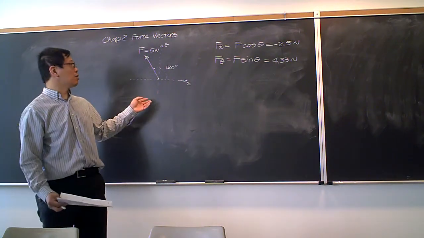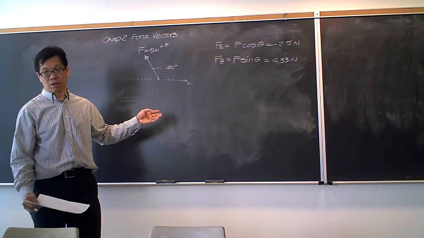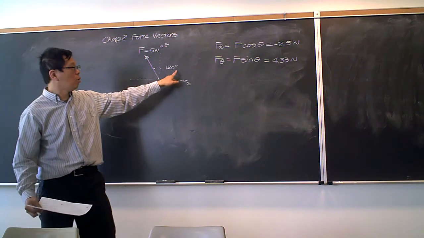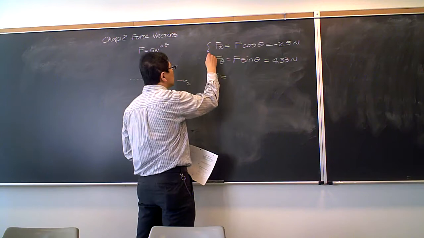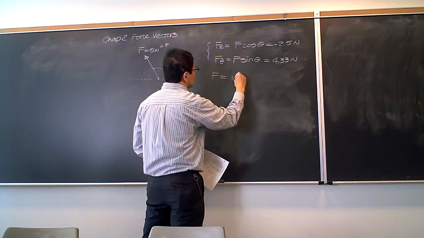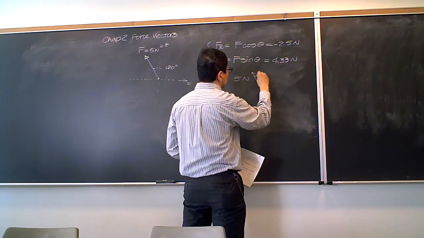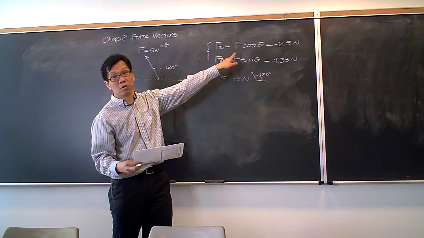Same for velocity, same for acceleration, same for force. If you have a vector, you can present things like this, or one way is using this one, the other way is using this one.